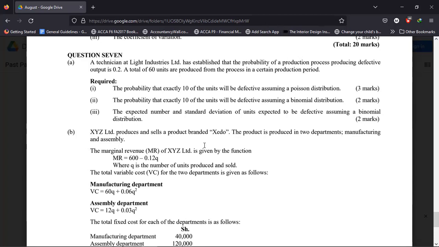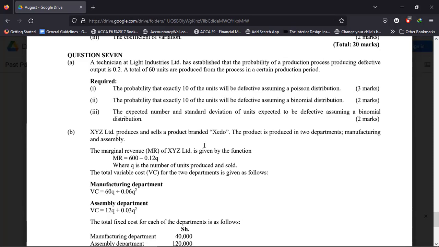Required: 1, the probability that exactly 10 of the units will be defective, assuming a Poisson distribution. 2, the probability that exactly 10 of the units will be defective, assuming a binomial distribution. 3, the expected number and standard deviation of units expected to be defective, assuming a binomial distribution.